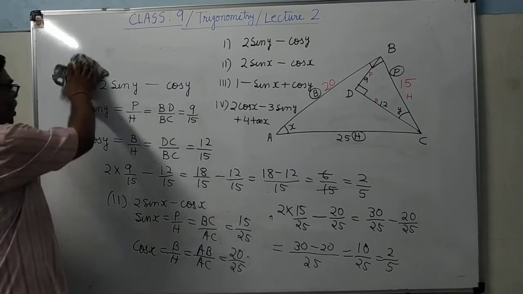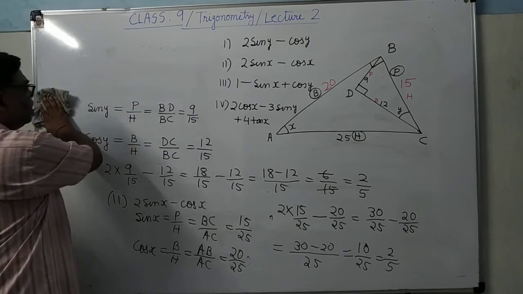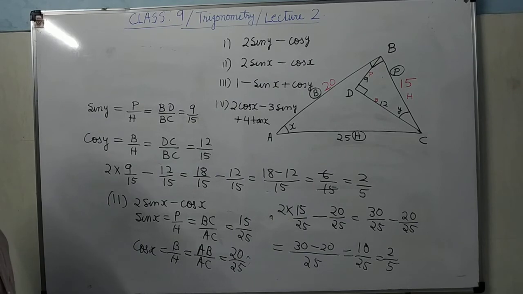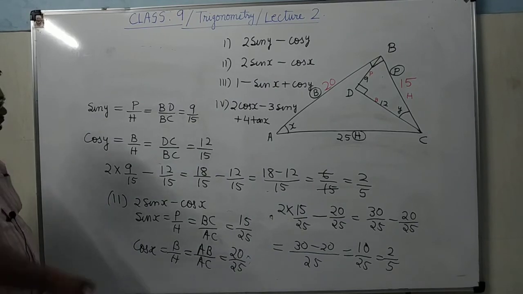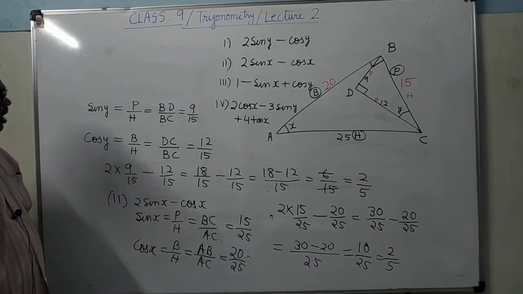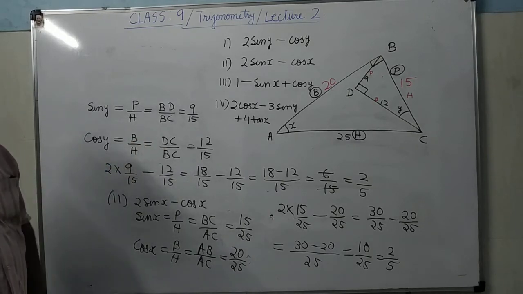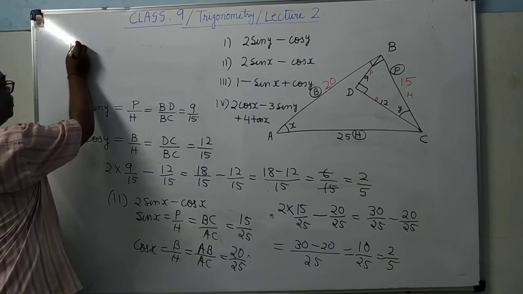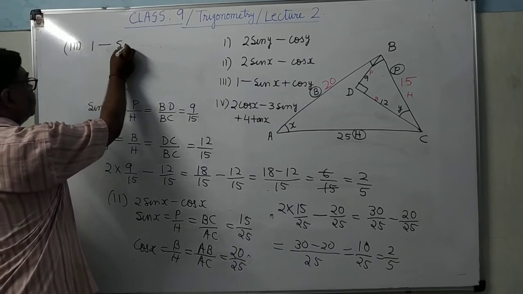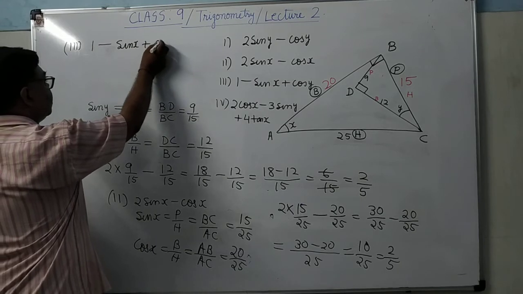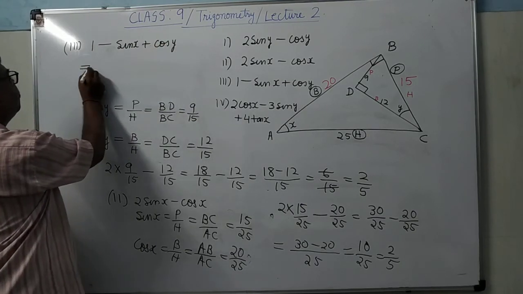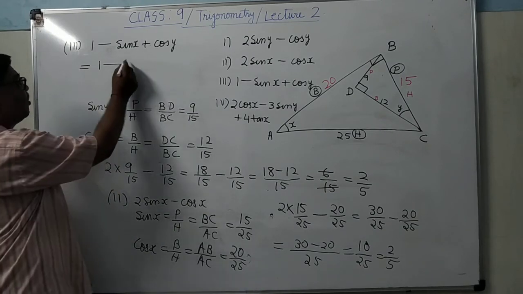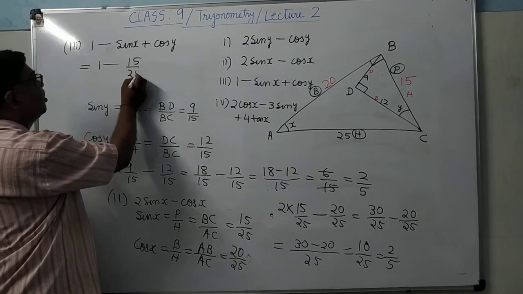Now you see the third part. How will you do? Here 1 minus sin x plus cos y. Already you have determined the value of sin x and cos y also. It's clear. So no need to determine once again. So 1 minus sin x is how much? 1 minus 15 upon 25.